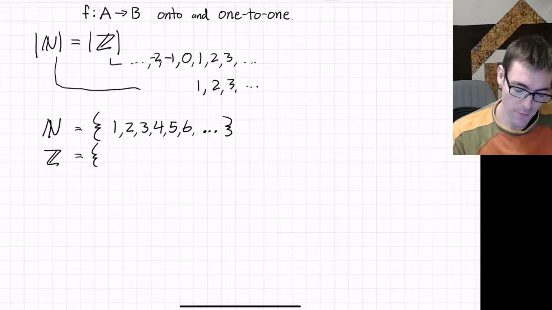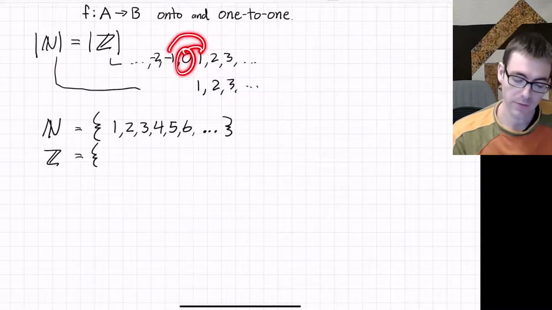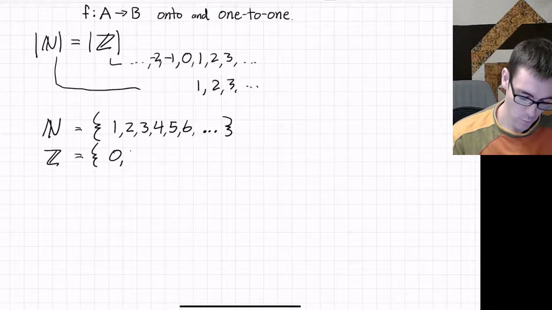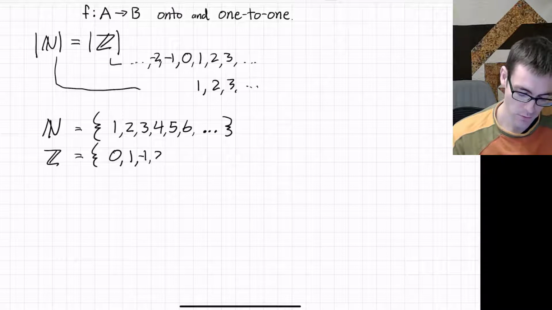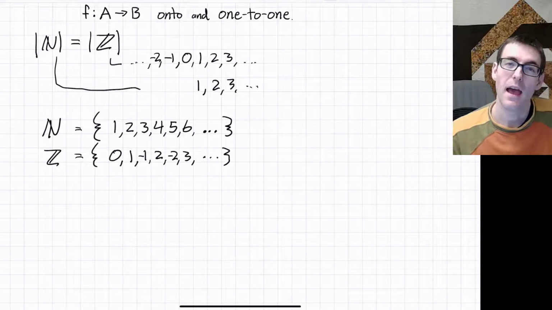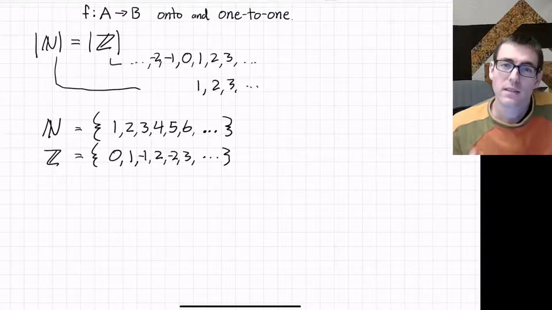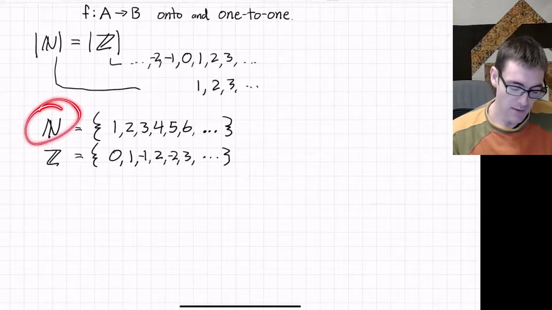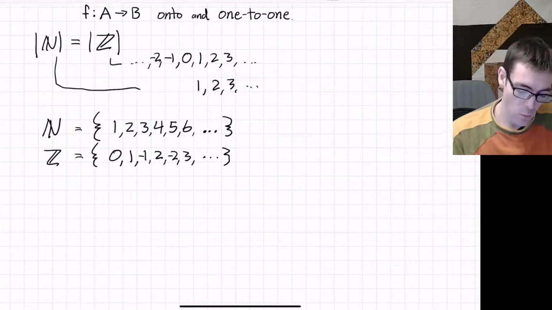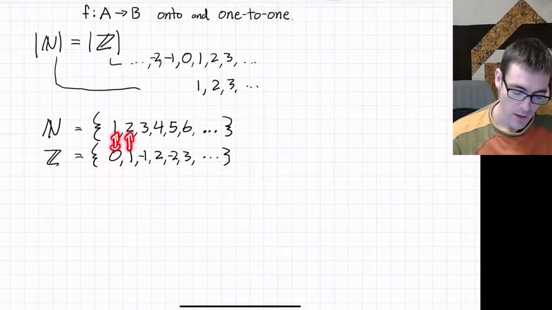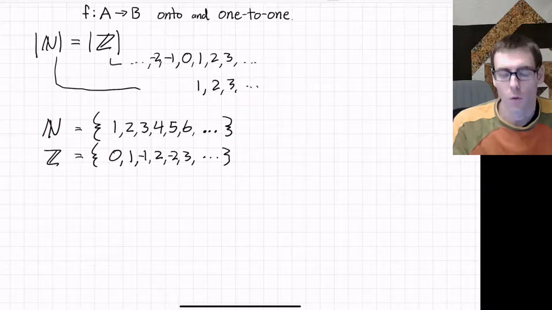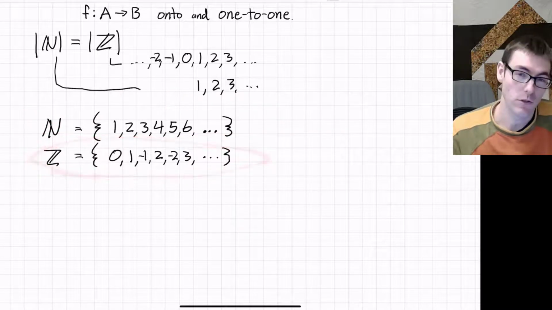Namely, if we start in the middle and then go right and then left and then right and then left, we can rewrite this set as 0, 1, -1, 2, -2, 3, etc. And then when it's written out like this, we can see that there is a function between the natural numbers and the integers. In other words, there's a way to line these up so that every element in the naturals is in a one-to-one and onto correspondence with the integers.